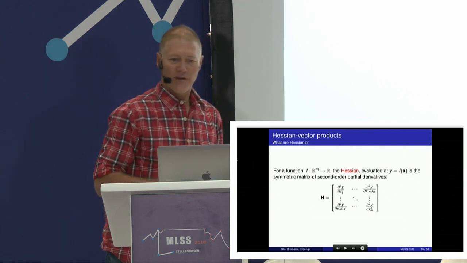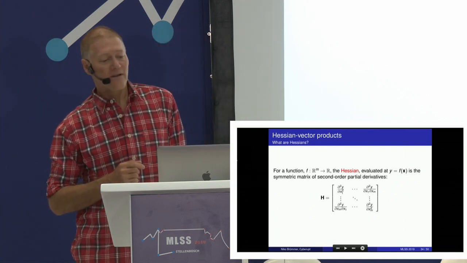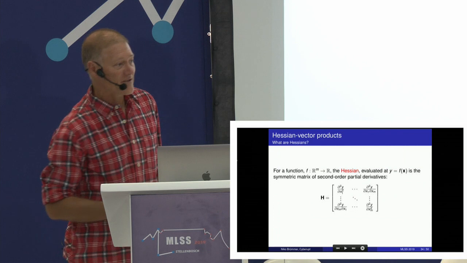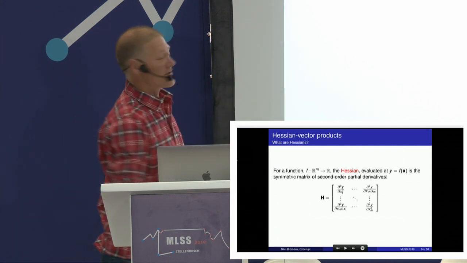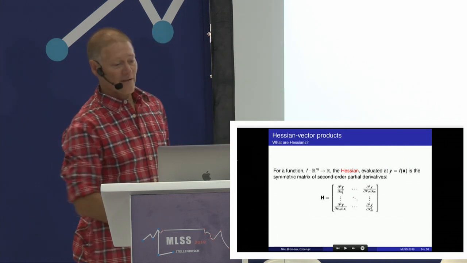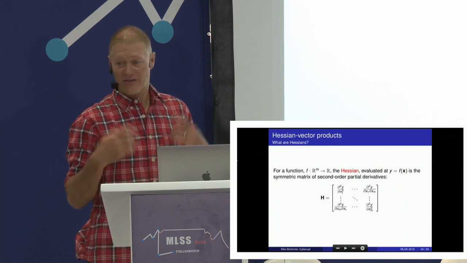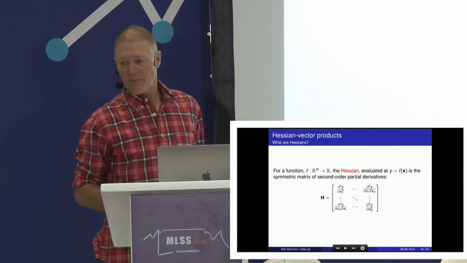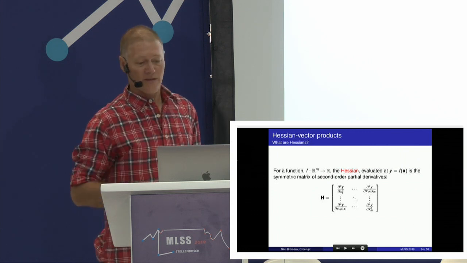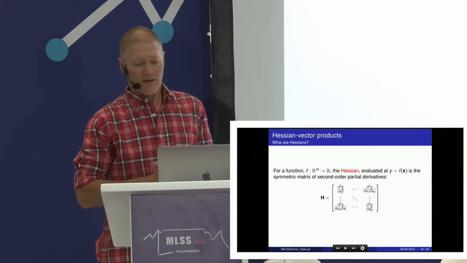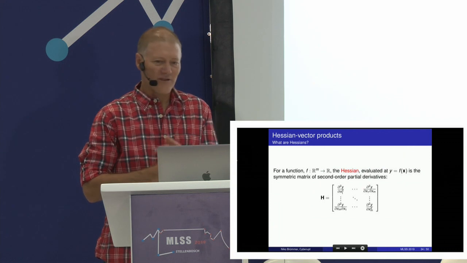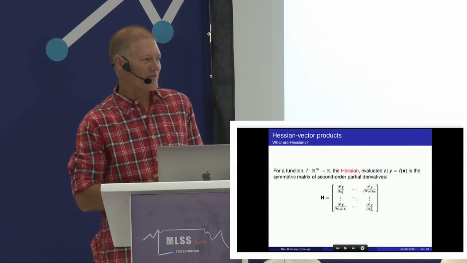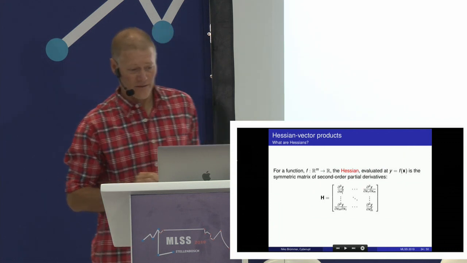And if you have an m-dimensional input, there are going to be m squared possibilities. All those partial derivatives we're collecting in a matrix. That's the Hessian matrix. For a well-behaved function, the Hessian matrix should be symmetric. You can construct some pathological functions where that's not going to be the case. We're not going to worry about those.